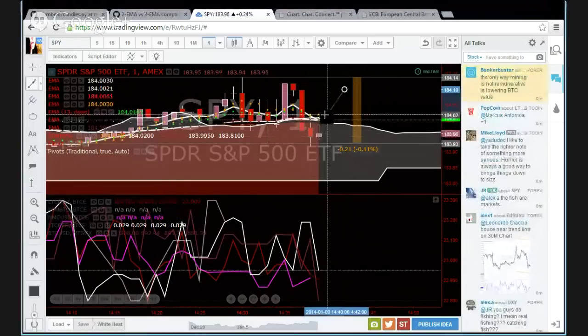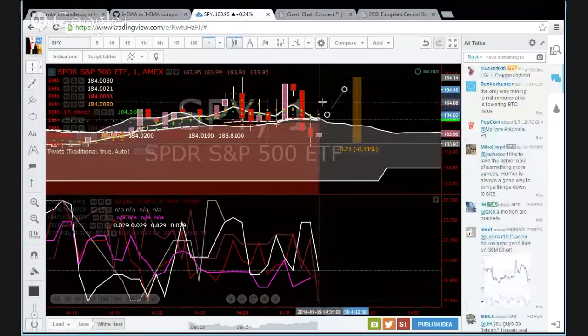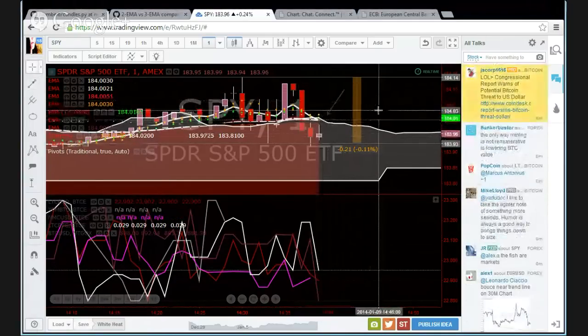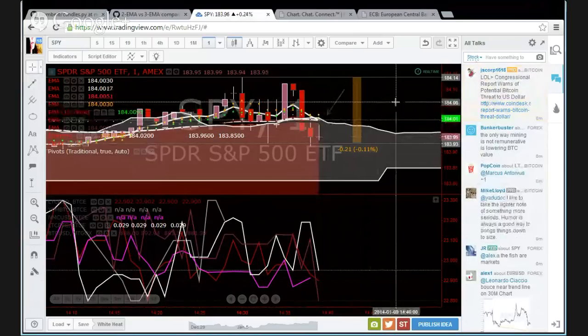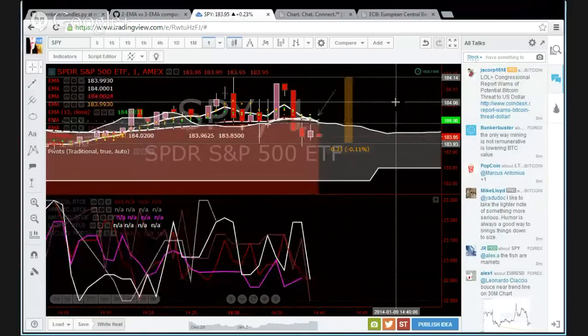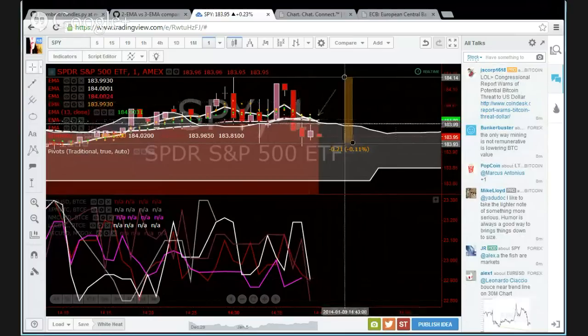You can see the EMAs flickering too. Okay, so looking for another candle push right in here. And we can see that the open was a lower high, a lower open.